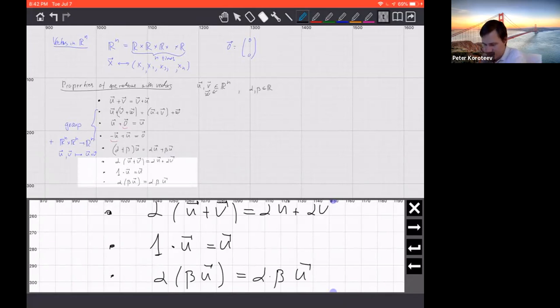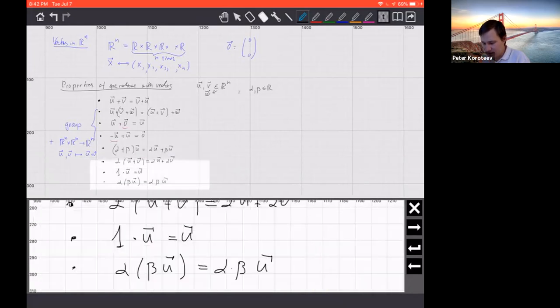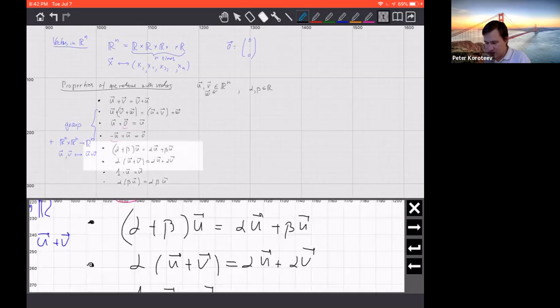So the fact that you can multiply vectors by numbers like this, right? And then these two equalities are true: alpha plus beta times u is equal to alpha u plus beta u, and then the other one. So this is the 4th.